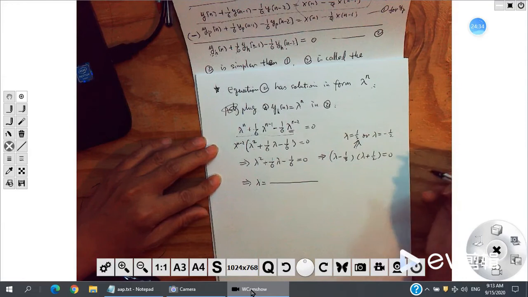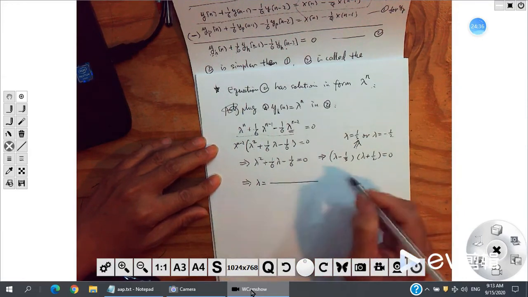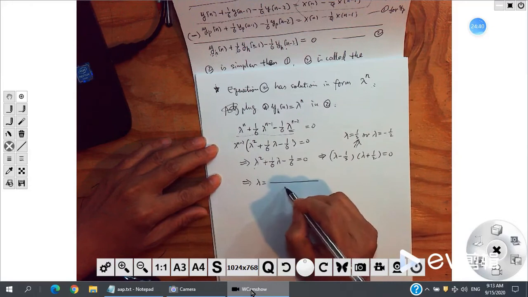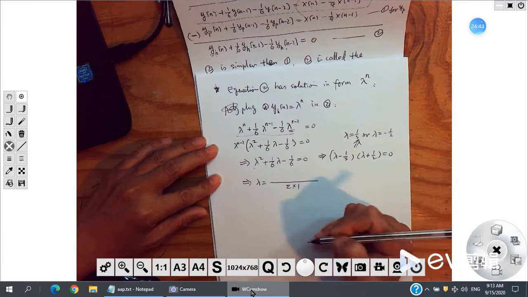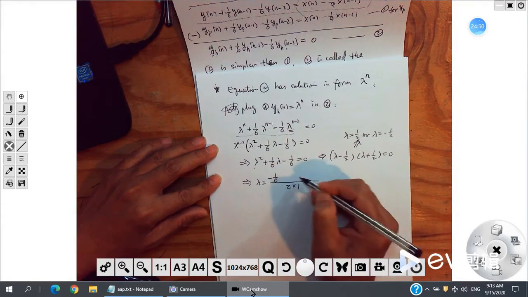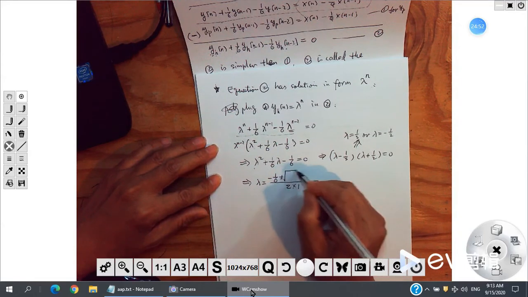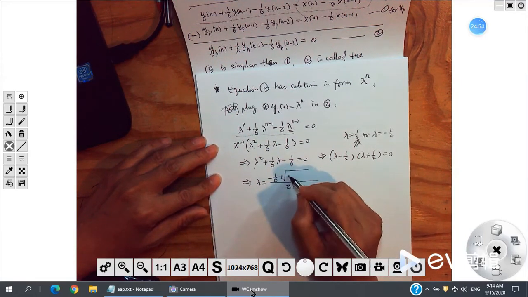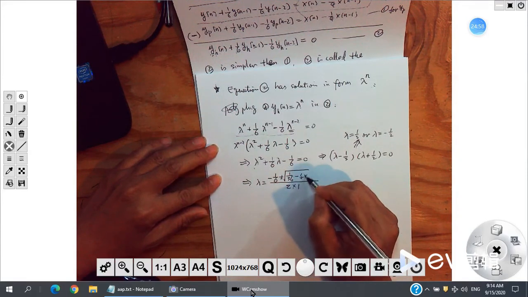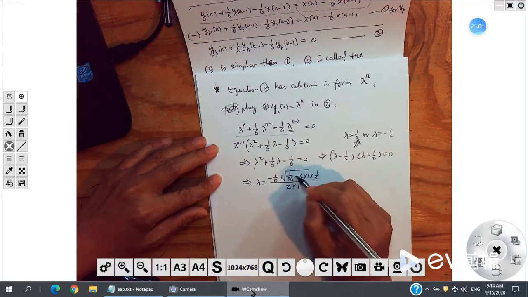Yeah. You can also solve by formula, right? This is a quadratic equation, then there should be a formula here. Denominator will be 2 times a, right? A is 1, and here will be negative b plus or minus square root of b squared minus 4ac. C is negative 1/6, right?